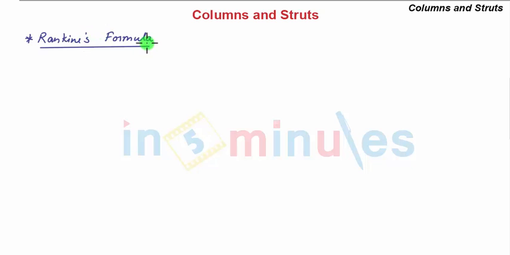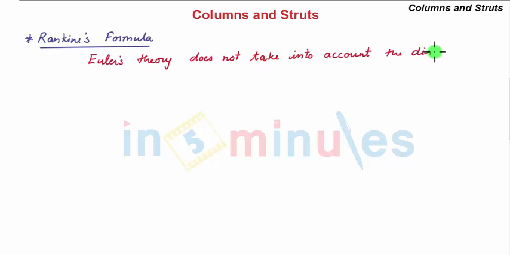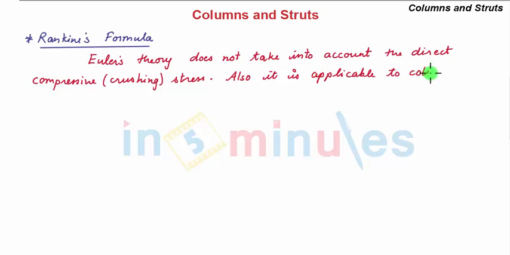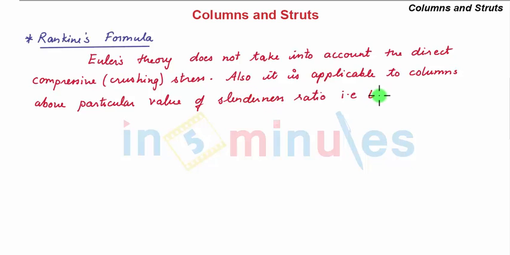Next we study Rankine's formula for columns. Rankine was another scientist who analyzed columns. Now we know that Euler's theory does not take into account the direct compressive stress or crushing stress. Also, it is applicable only above a particular value of slenderness ratio, that is for long columns only.